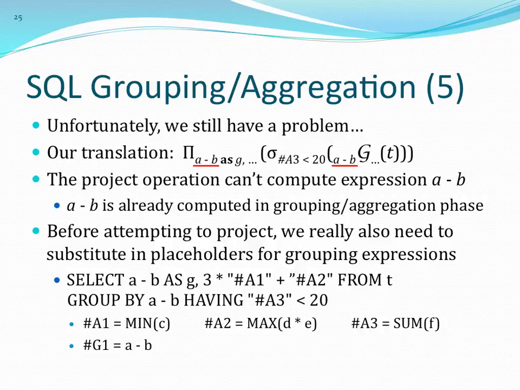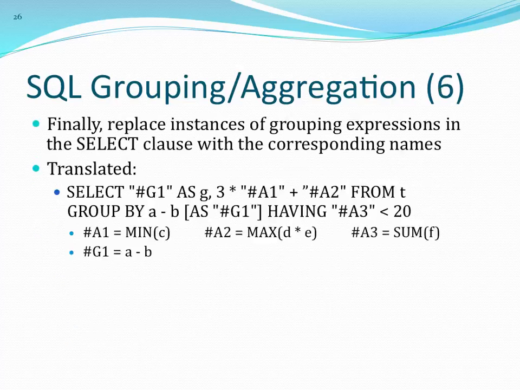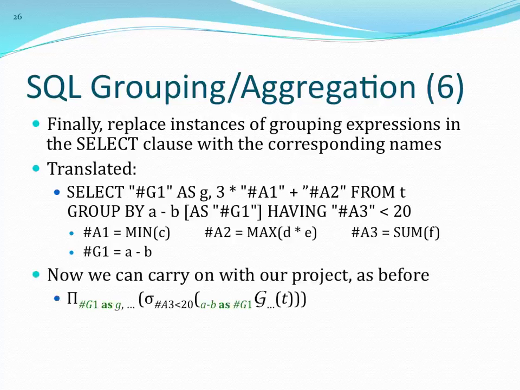And then if we follow this translation, so now notice that we've identified, our dog has very long hair. So we have this G1 now is A minus B. We haven't substituted that in, but we can go ahead and do that. So now we have select G1 as G, and then in our group by we have group by A minus B, and implicitly we give it the name G1. Then we can go ahead and do the full translation, and we have no problem.